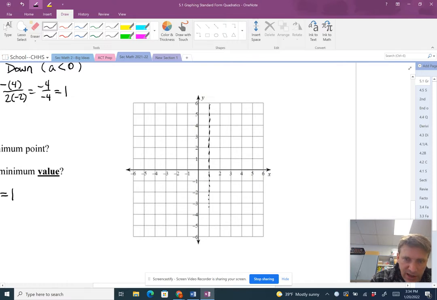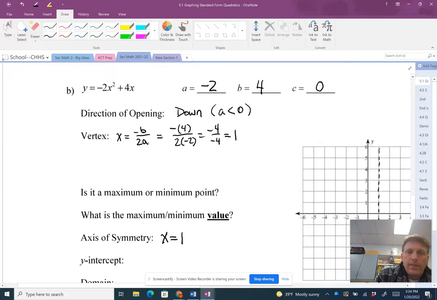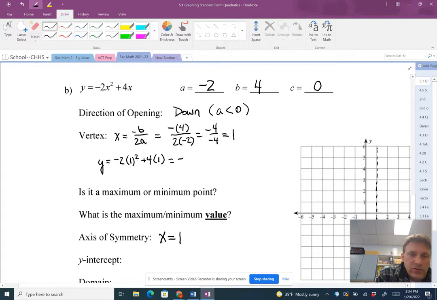Remember, your vertex will lie on your axis of symmetry. So then we just go back to the equation. Y equals then negative 2 times 1 squared plus 4 times 1. Negative 2 times 1 squared is negative 2.